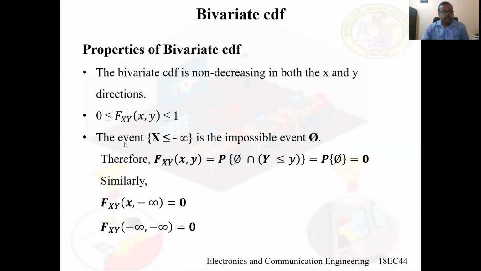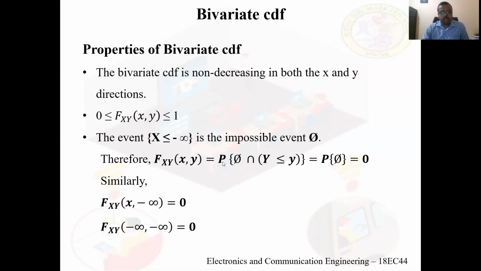The third property: the event X less than or equal to minus infinity means that X takes values less than or equal to minus infinity. X cannot take any value less than minus infinity, so it is an impossible event, and that is represented as a null set. Therefore, how do you write the bivariate CDF?